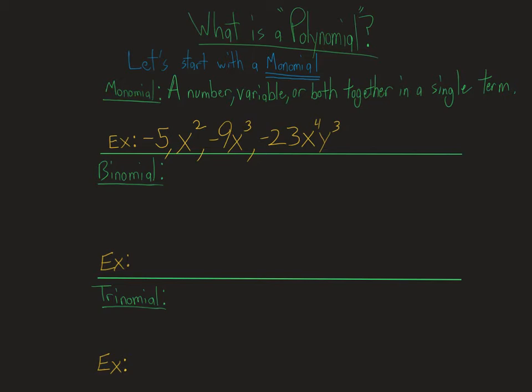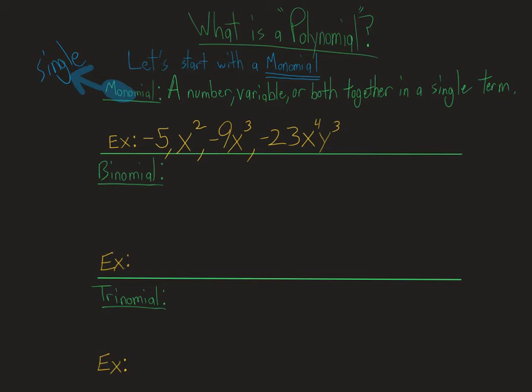What about a binomial? Before we do that, let's go back. Notice what we call these, a monomial. What does mono mean? Mono means single or one. Now let's go down the list, and I bet you'll figure out if a bi.